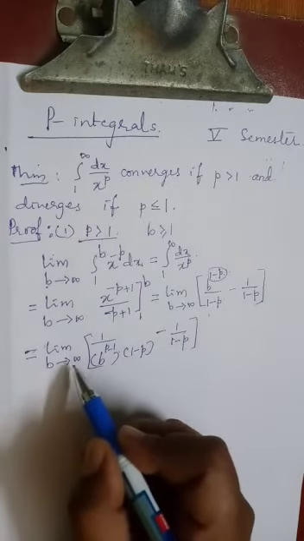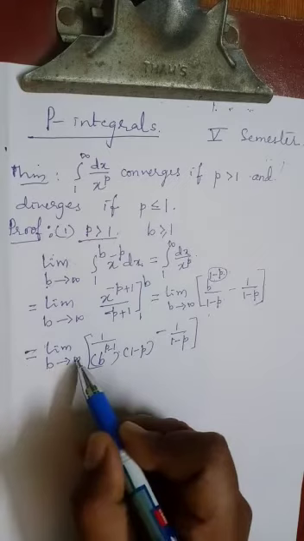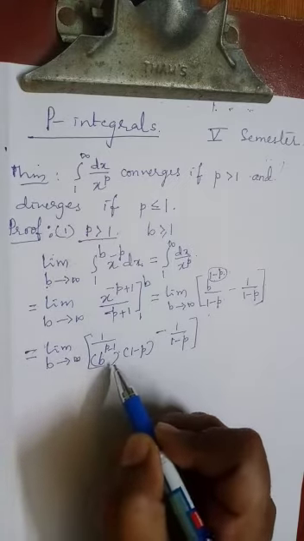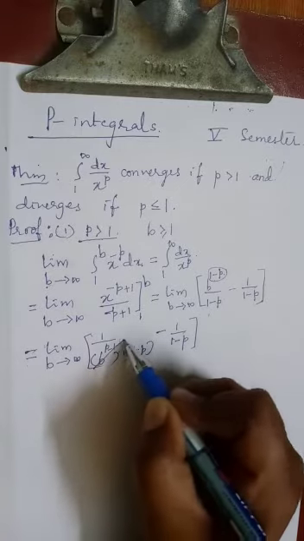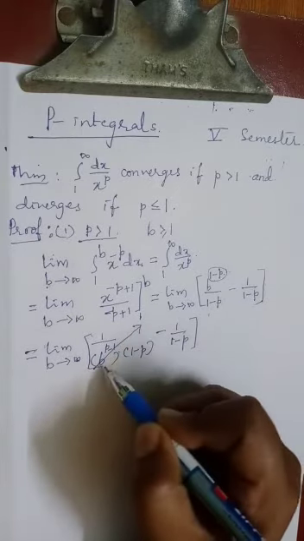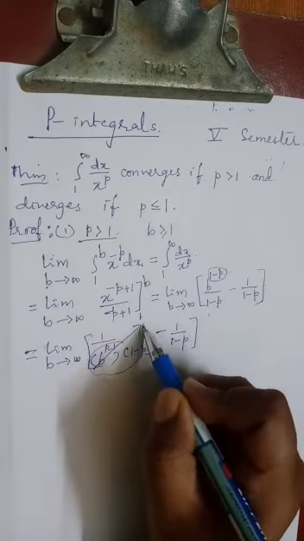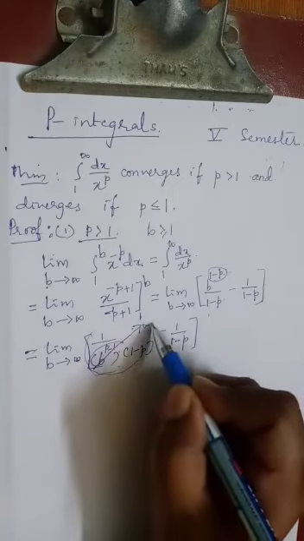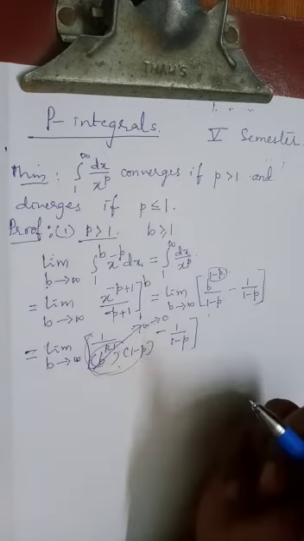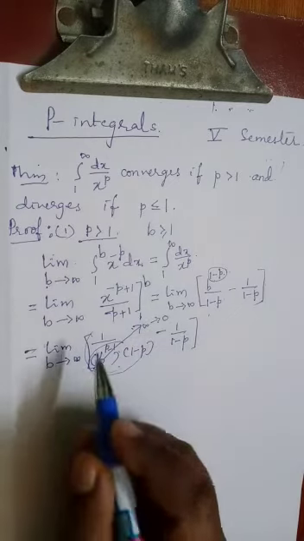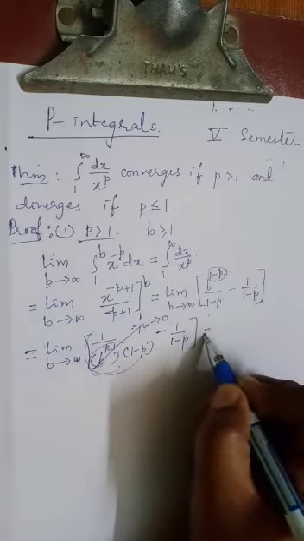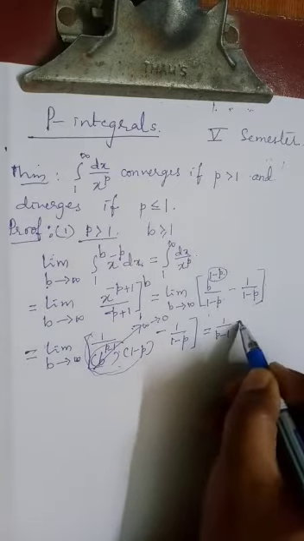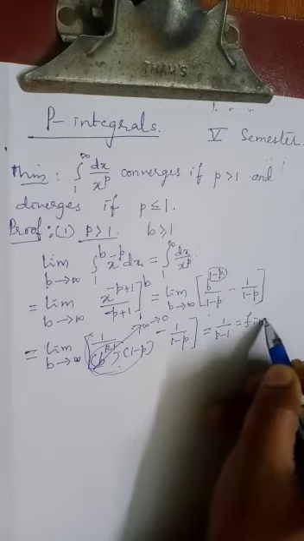So after taking the limit as b approaches infinity, this denominator tends to infinity, which means this first term tends to 0. After simplification, we get 1 by p minus 1, which is a finite value.